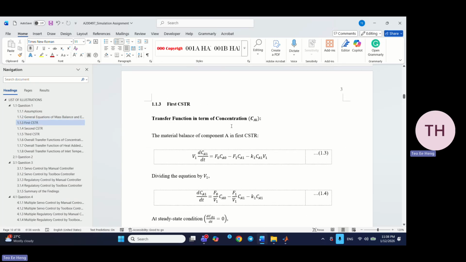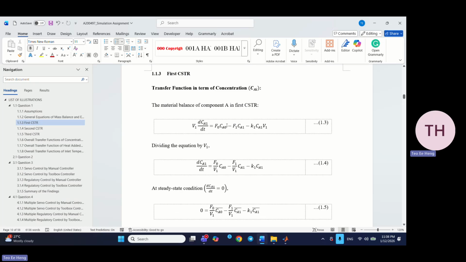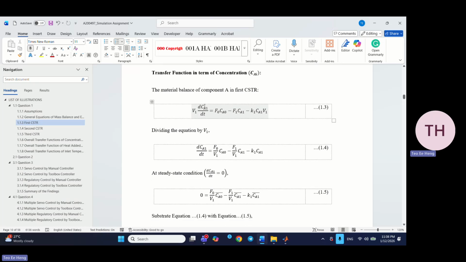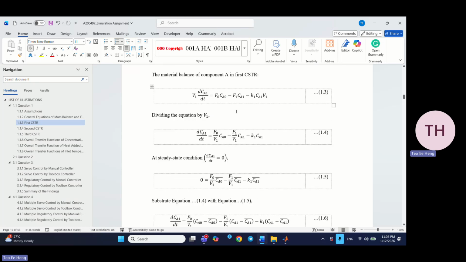For the first CSTR, we need to find the transfer function in terms of concentration, using the general equation of the mass balance. The mass balance equation is divided by V1.